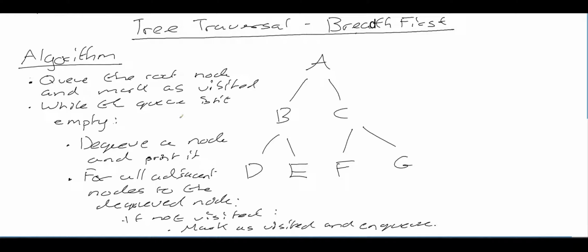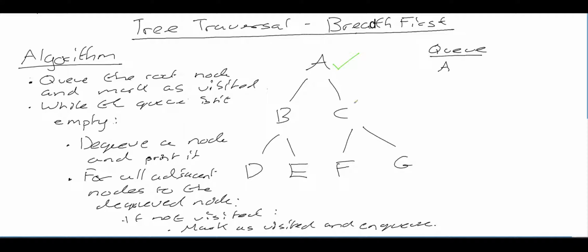So what I've got here is a tree that we're going to do a breadth first tree traversal on, and I've also got the algorithm here. So it's going to print out the nodes in the order that we visit them using our breadth first tree traversal. So the first thing we do in our algorithm is we add to a queue the root node and mark it as visited.